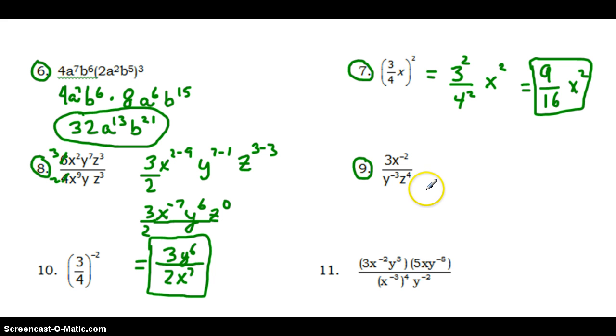Okay, the last example I'm going to go over is another example with negative exponents, just to review that a little bit more. So the first step I always do is try to simplify before I do anything. I look to see if there's any of the same base in the numerator and denominator. And in this case, there's not.